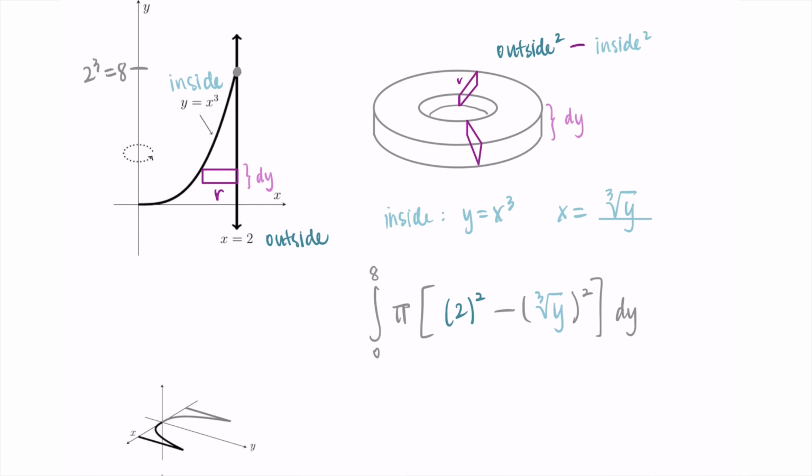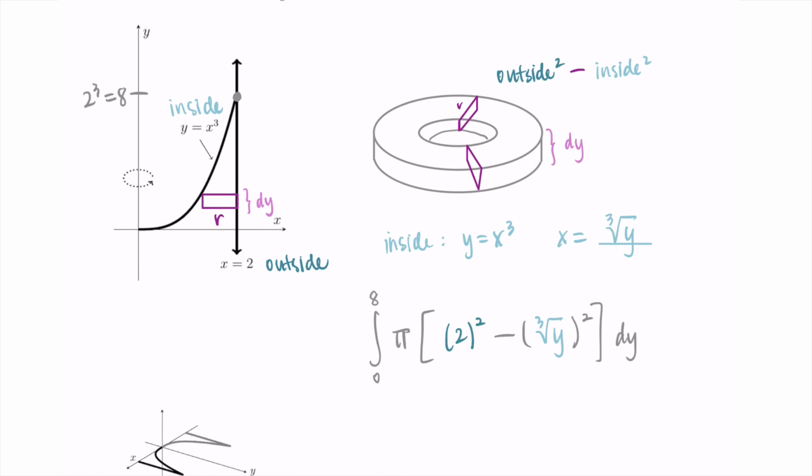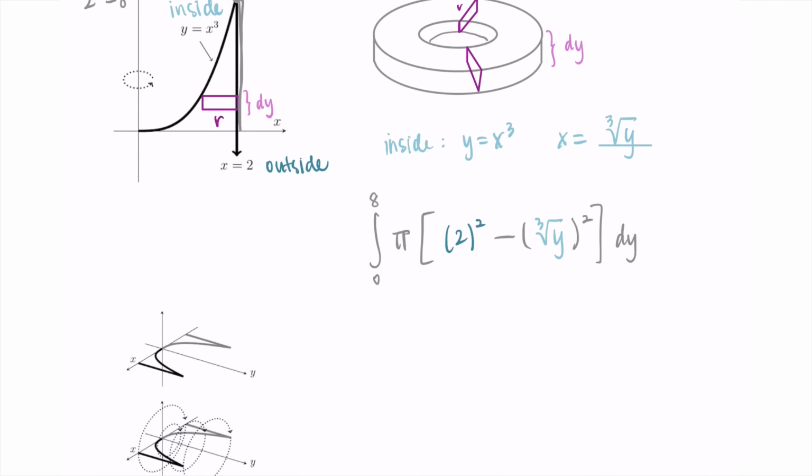The outside cylinder is going around, we're getting this outside shape, and then we're carving out the inside part that's going to be taken out of the shape. We use washers because of that hole in the middle, that part that isn't being included.